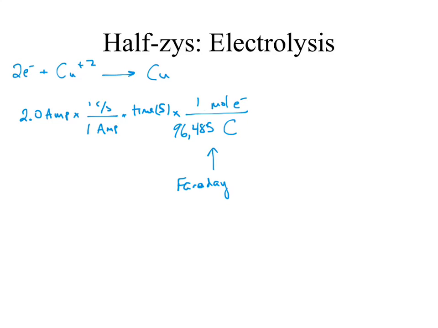Where did those moles of electrons go? They went in to react with copper. So what we could then go through and do is convert the moles of electrons into moles of copper that we should be able to get out. What's the relationship between these two?